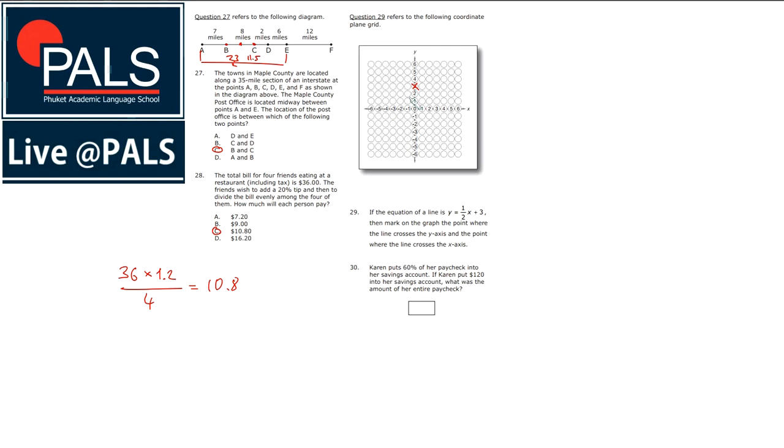and it should cross the x-axis right here, because this is our graph.